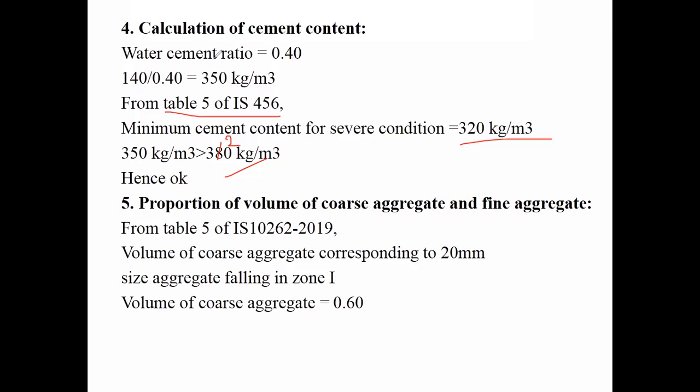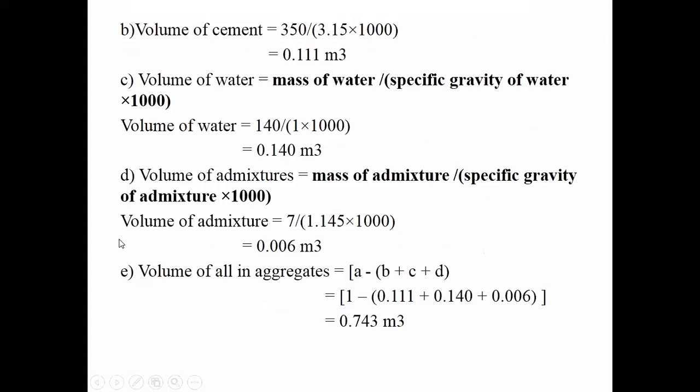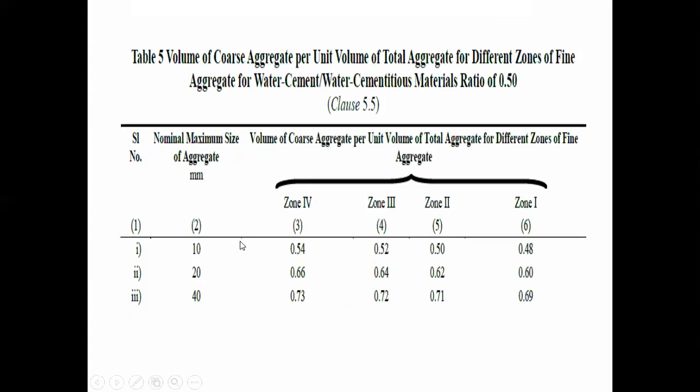When it is falling in zone 1, you see here, this is zone 1. This is your aggregate size, which is 20 mm, zone 1.